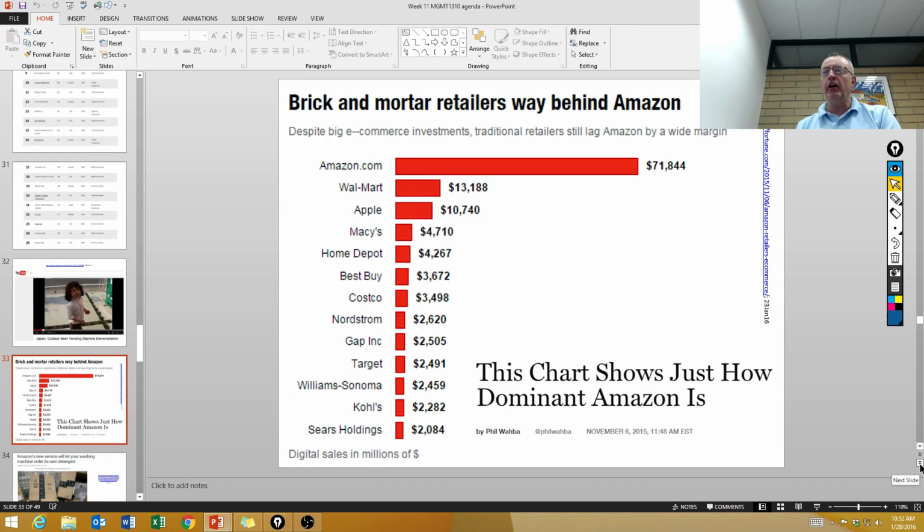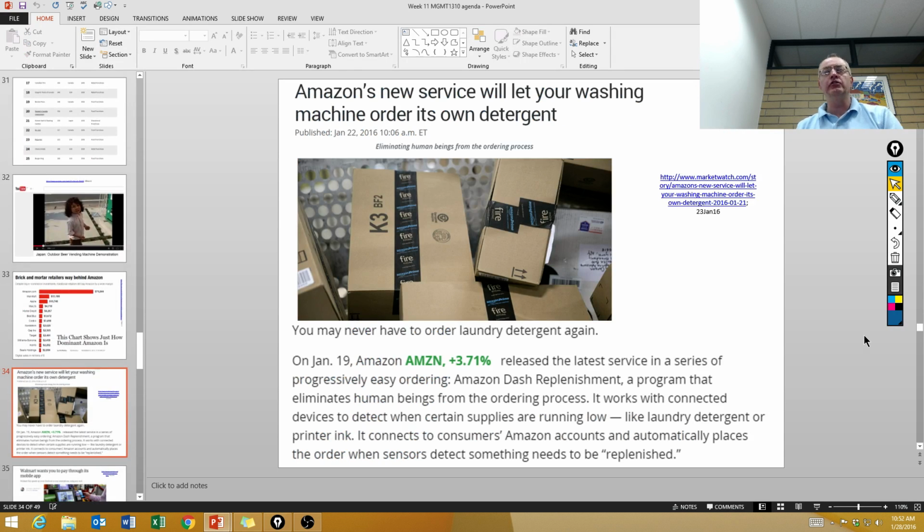But what it is, it's automatic retailing. You have a washing machine for your clothes, and you put a whole bunch of detergent in the machine for the next 25 washes, and when the detergent container is getting near the bottom, the washing machine automatically sends an order to Amazon to order more detergent.